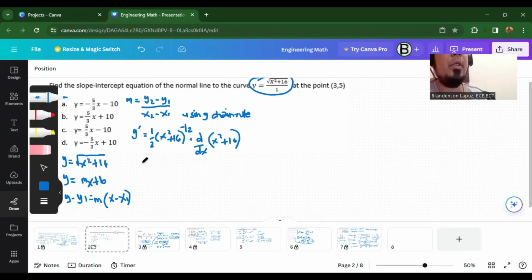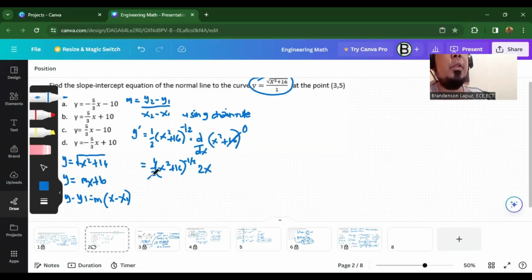So that would be equal to 1/2 times x squared plus 16 raised to the negative 1/2. Then the derivative of this is 2x. This will become 0 because the derivative of a constant number is 0.